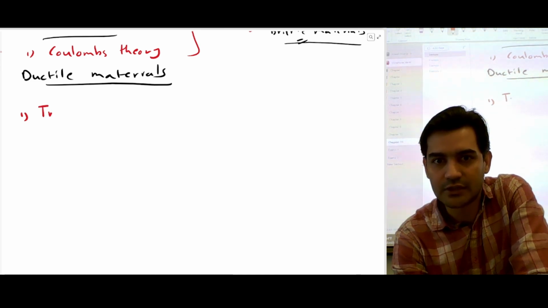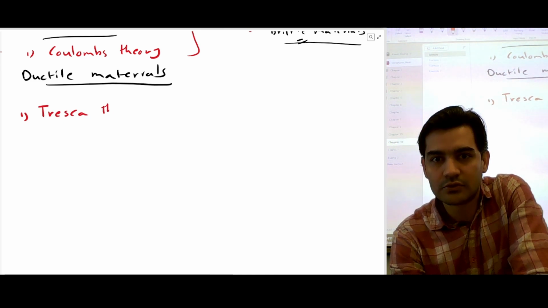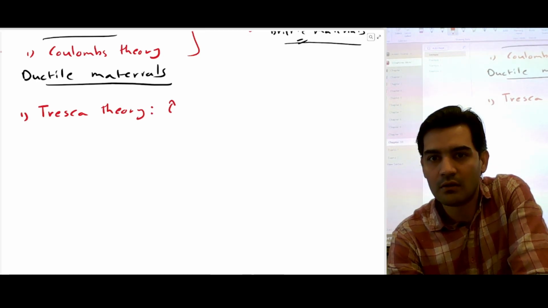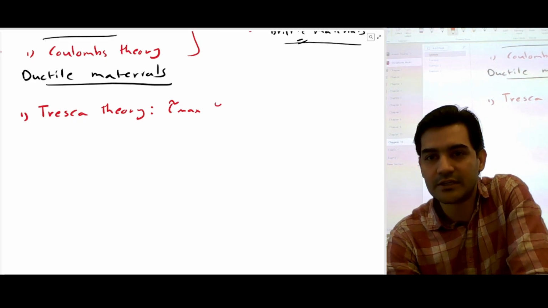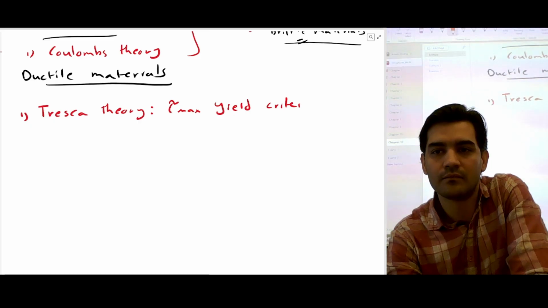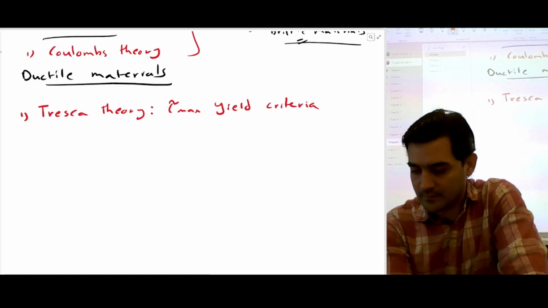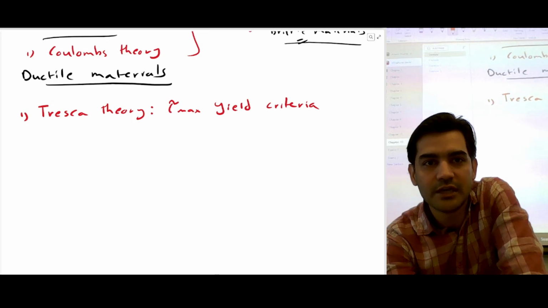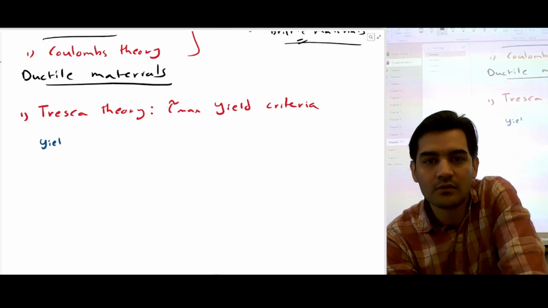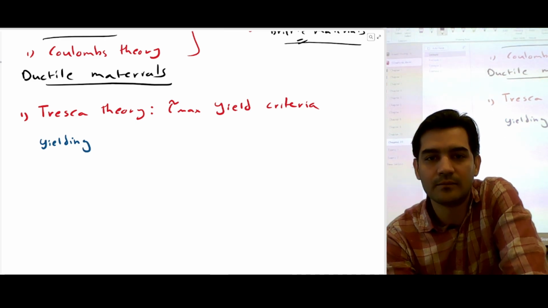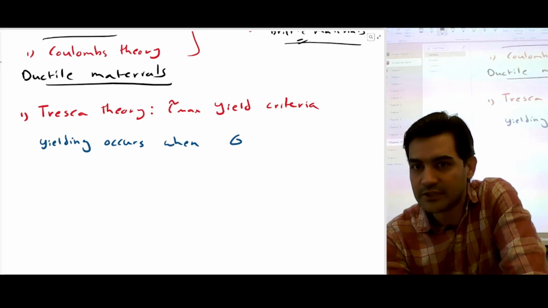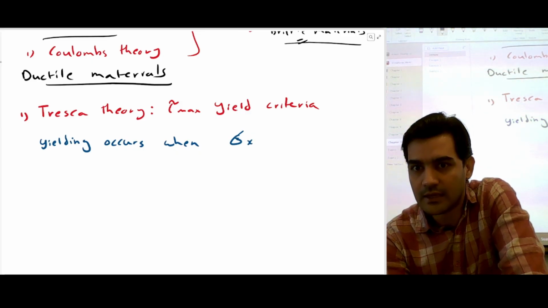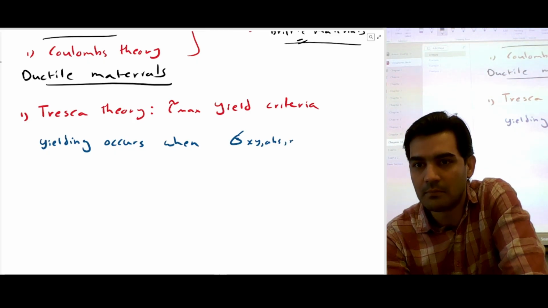Tresca theory is also called the maximum shear stress yield criteria, because it says that yielding or failure will occur when this stress, tau xy absolute maximum, is equal to sigma y by 2.